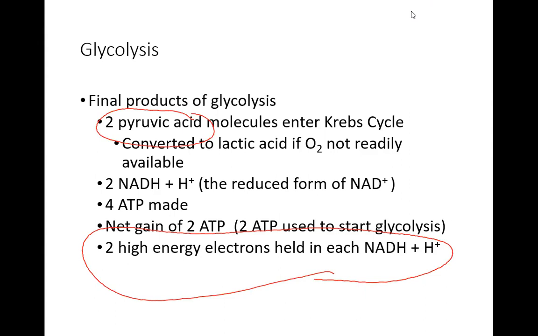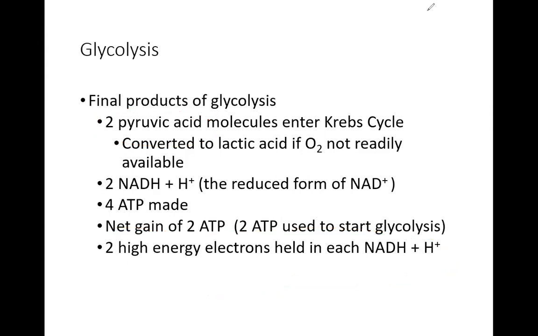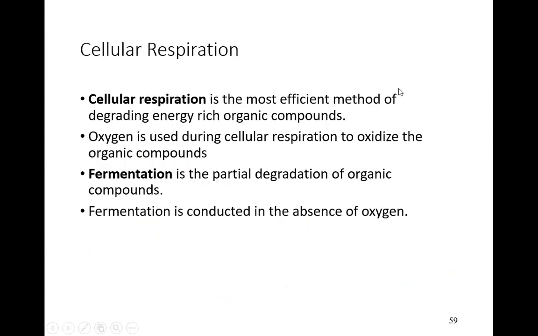So you have 4 altogether. You have parked some high energy electrons there. That's what's important: pyruvic acid and the high energy electrons. 4 ATP is nothing. The rest of cellular respiration takes place in the mitochondria.